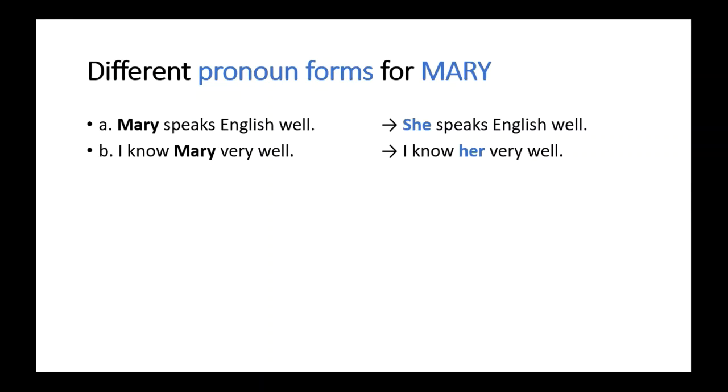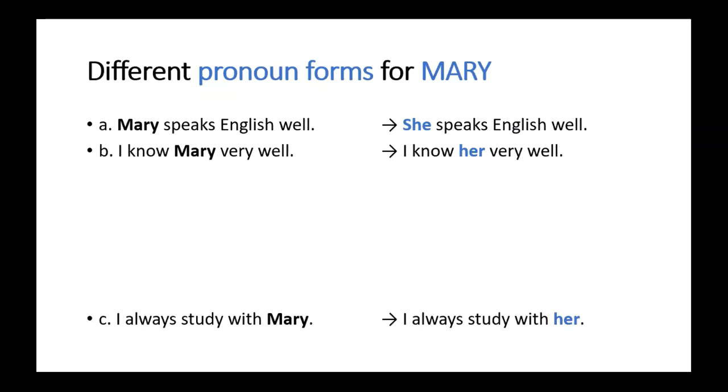Now, if I say, I know Mary very well, notice if I change Mary in this case, I have to say, I know her very well. In this case, Mary was changed to her. So what's happening here? Notice that in both cases, we have Mary on the left, but on the right, we have she and her. Let's take another example.